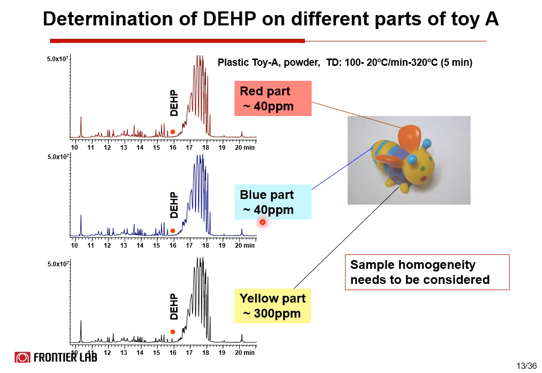So when you analyze your sample, it is important to consider sample homogeneity. For instance, you can use a cryomill or a grinder if the quantitation value is going to represent the entire sample. Otherwise, you won't be able to get good reproducibility.